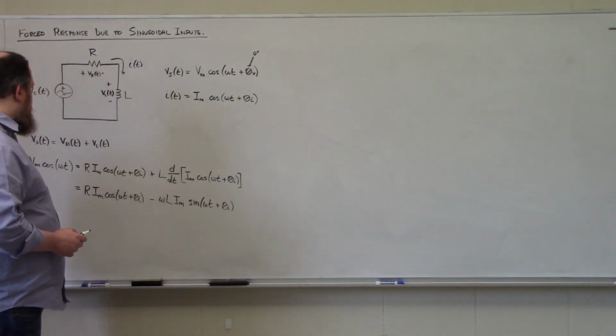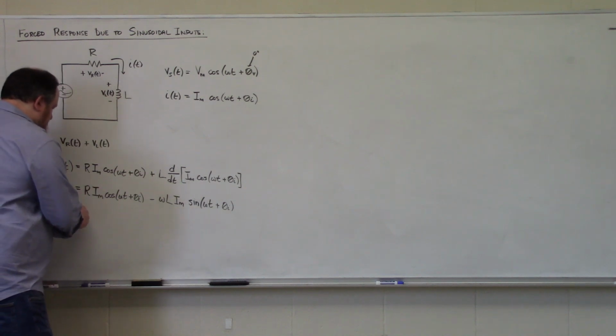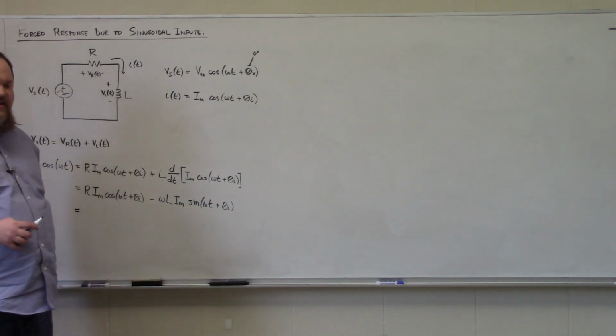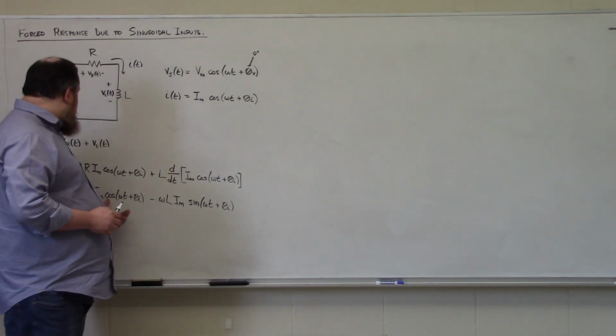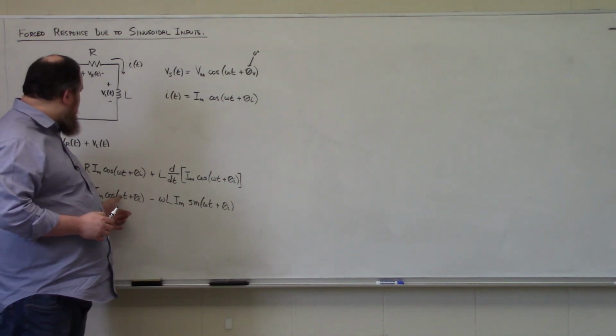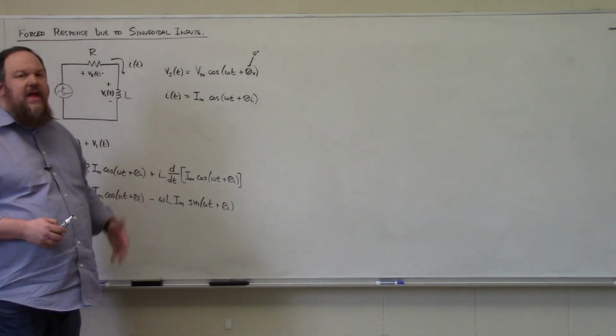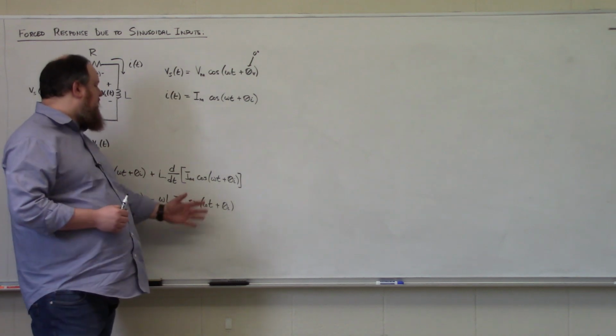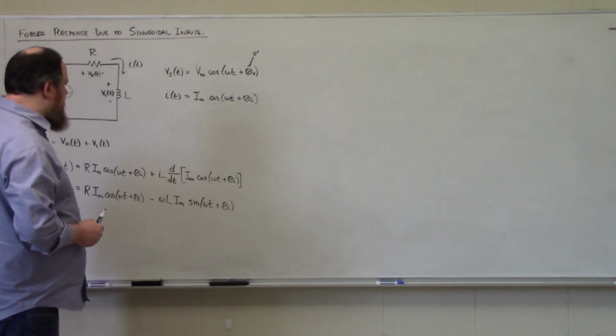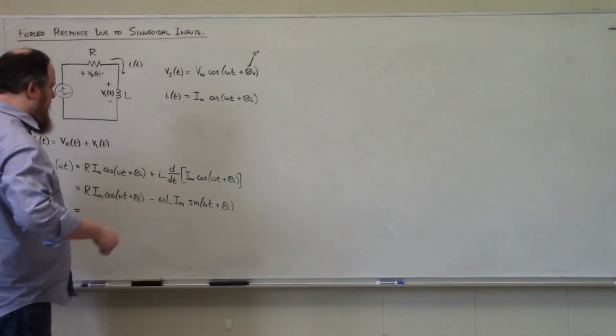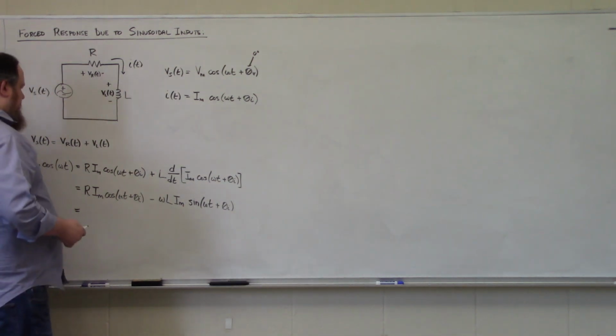And what I'm going to do is use trig identities to express this function cosine omega t plus theta I as the product of sinusoids, and also express sine omega t plus theta I as the product of sinusoids.